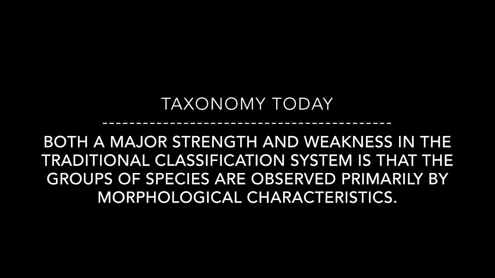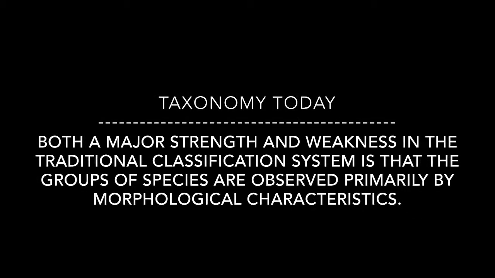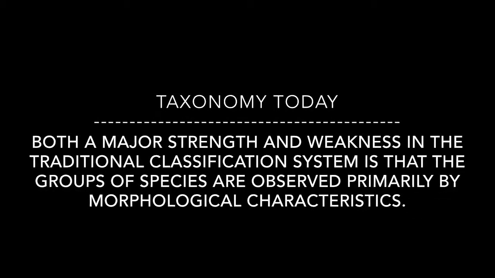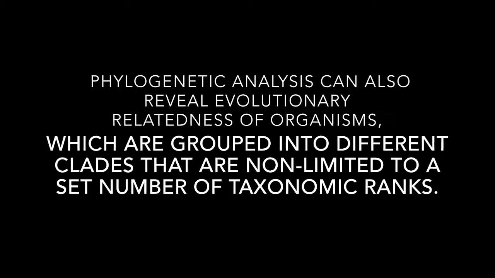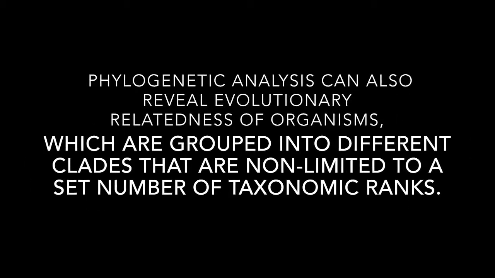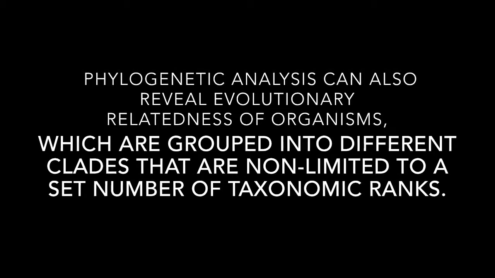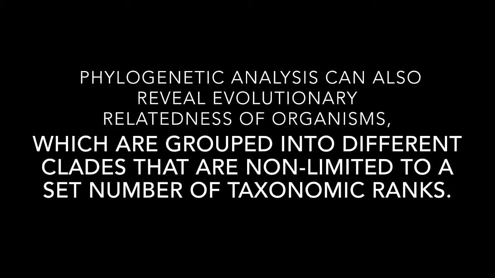Both a major strength and weakness in the traditional classification system is that the groups of species are observed primarily by morphological characteristics. Phylogenetic analysis can also reveal evolutionary relatedness of organisms, which are grouped into different clades that are not limited to a set number of taxonomic ranks.